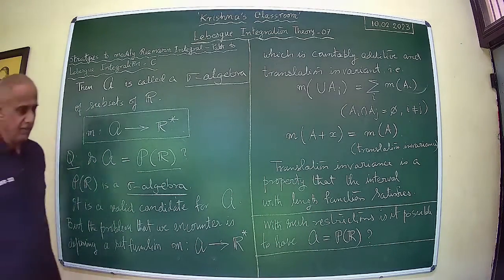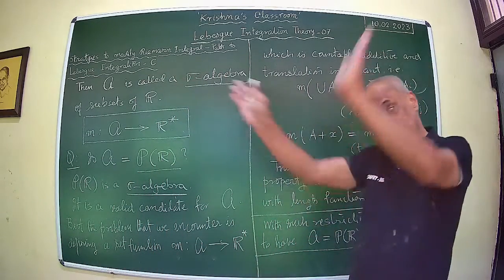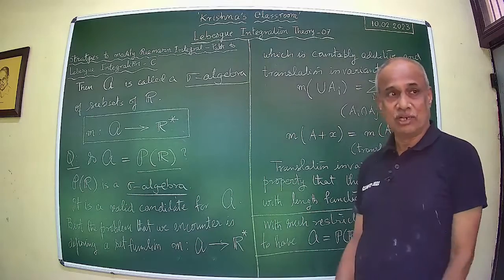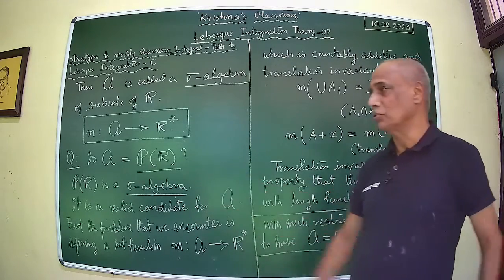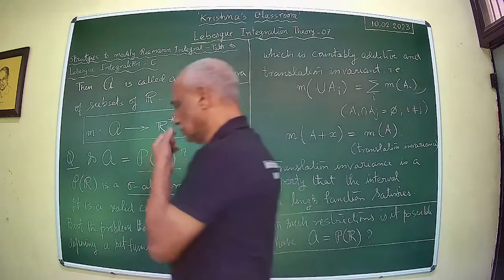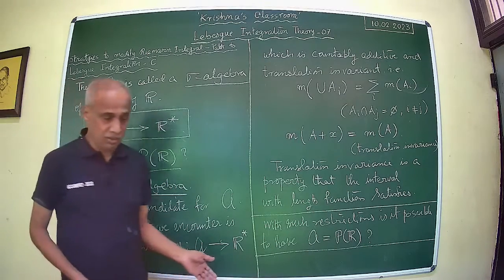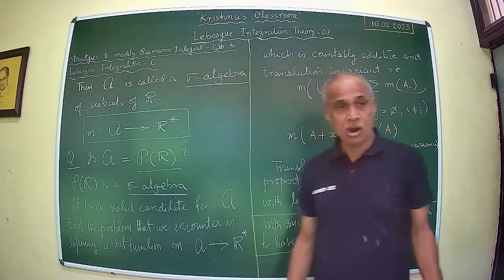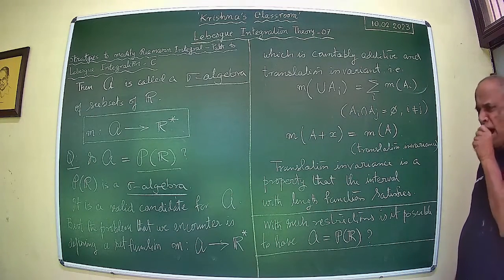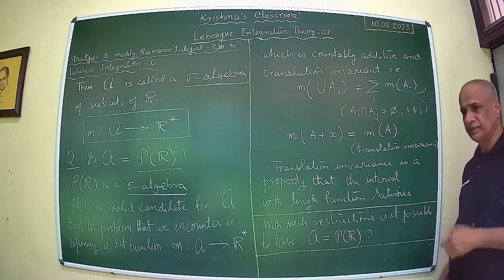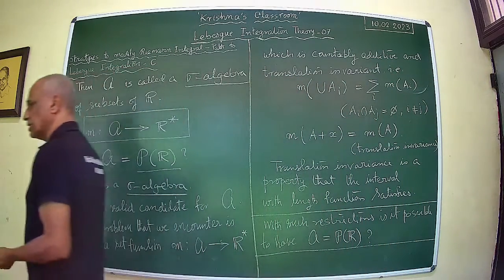You know that if you have disjoint intervals, then the way in which you extend the concept of length, which seems to be the reasonable thing to do on the union of these intervals, if they are disjoint, is to take the length to be equal to the sum of the lengths of these intervals.